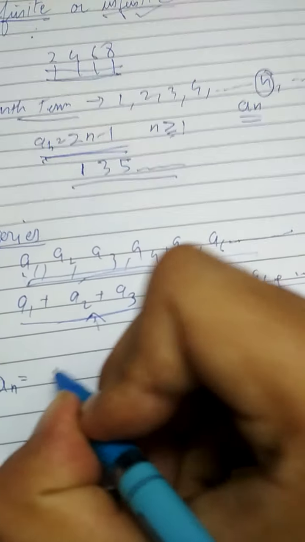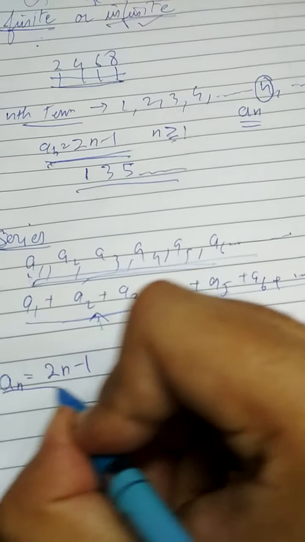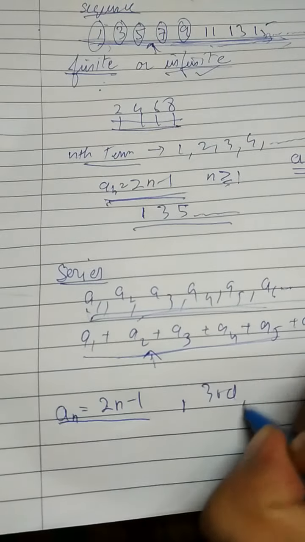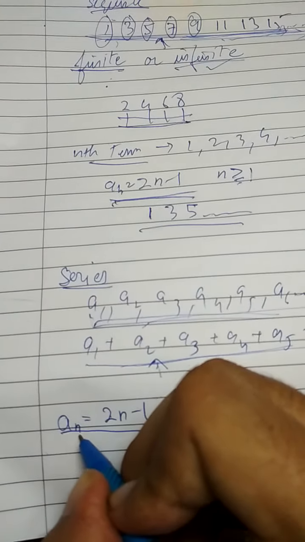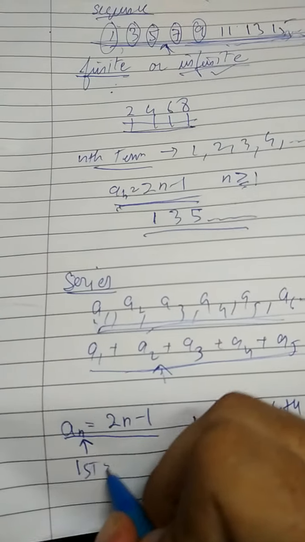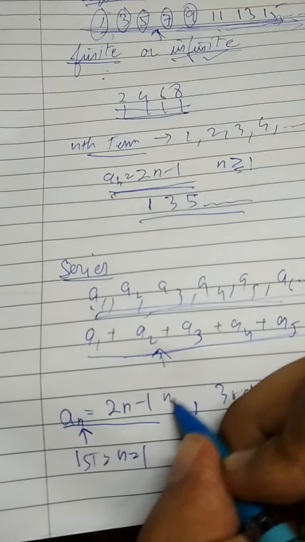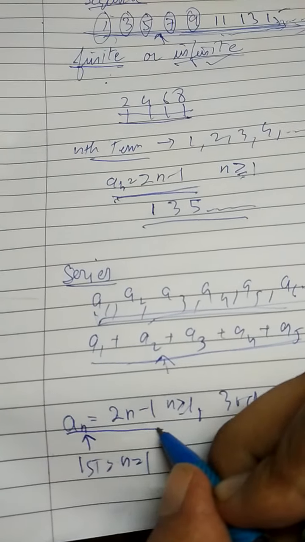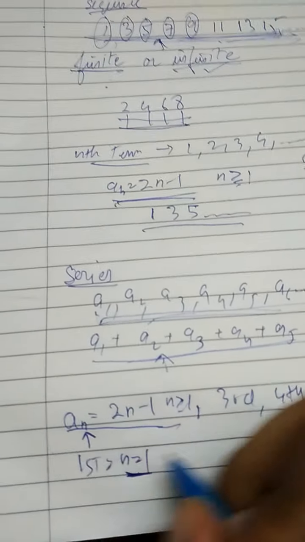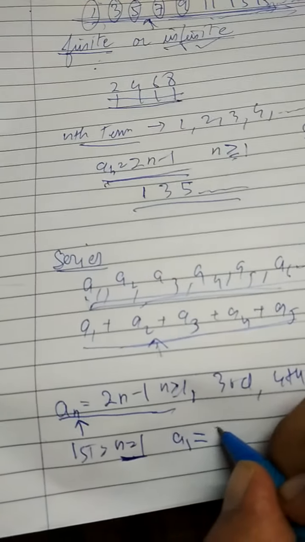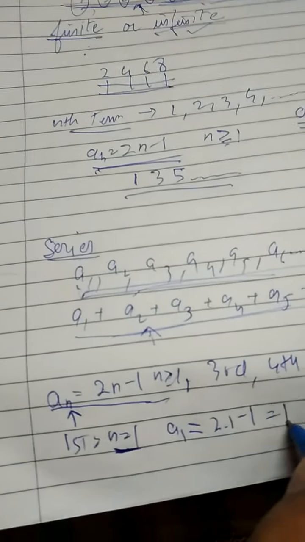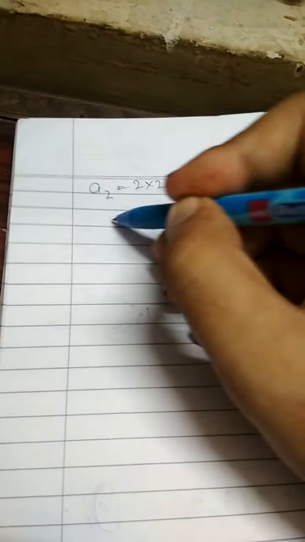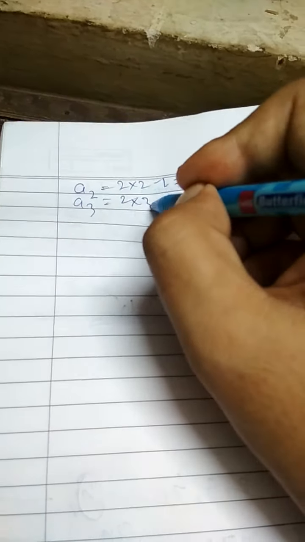Now if we are given that our nth term is 2n minus 1, we need to find the third term and fourth term. So the first term is given by putting n equal to 1, with n greater than or equal to 1. a1 is 2 into 1 minus 1, that is 1. a2, that is n equal to 2, will be 2 into 2 minus 1, this is 3. a3 will be 2 into 3 minus 1, that is equal to 5.